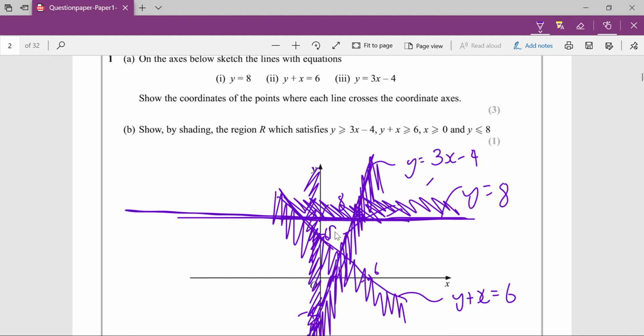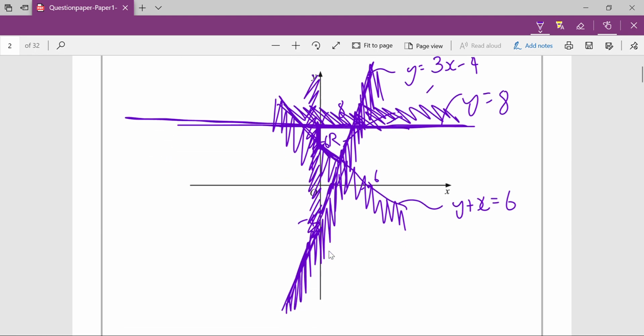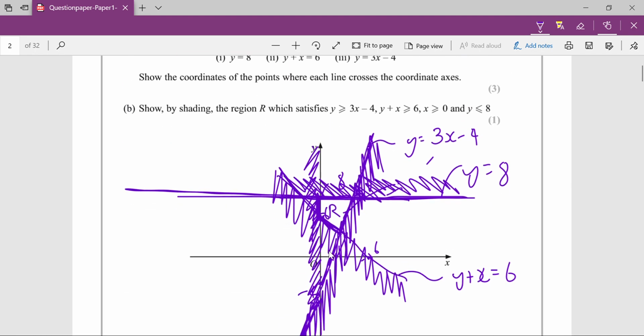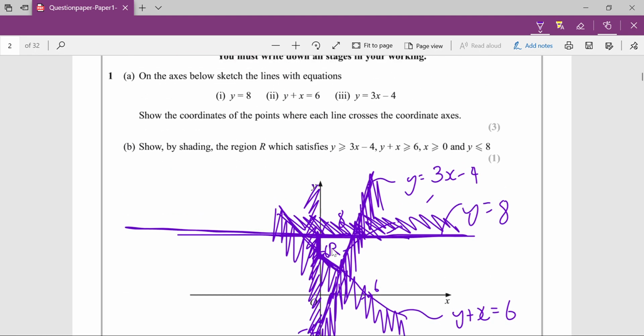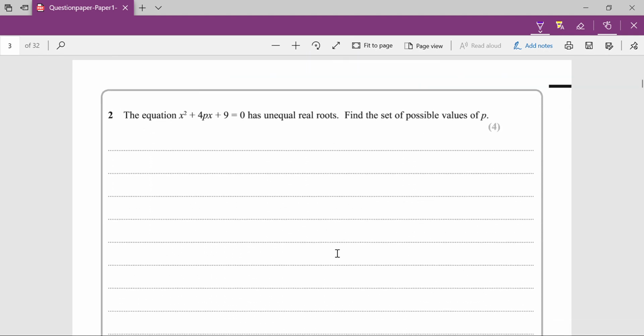Finally, I'm just going to write R here, which is our region that we wanted so desperately to find on the graph. Alright, so I consider that question done, despite the artistic challenge.